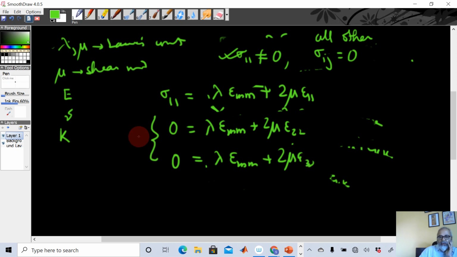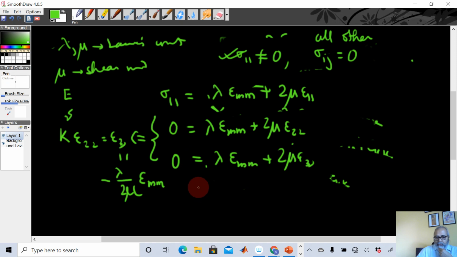What you see from these two equations immediately is epsilon 22 is equal to epsilon 33, and both are equal to minus lambda by 2 mu epsilon mm. But now epsilon mm is epsilon 11 plus epsilon 22 plus epsilon 33, but 22 and 33 are the same, so let's write epsilon 22.